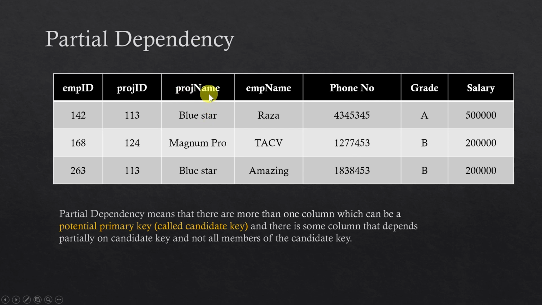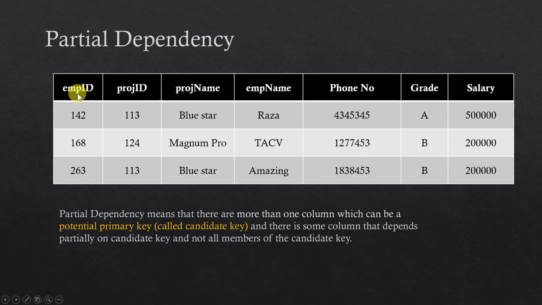If we talk about the project name, it is only dependent on the second candidate key, which is this. So there we have a partial dependency. If we talk about the employee name, it is only dependent on the first candidate key, which is this.